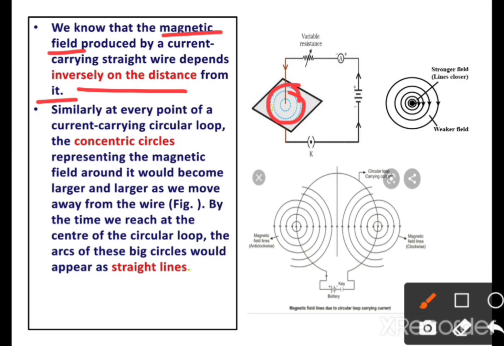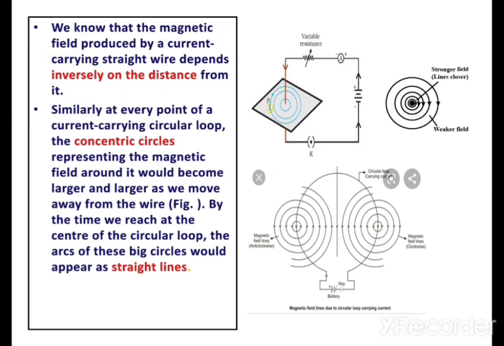See here, this is a magnetic field around a straight conductor. When the distance is increased, the strength of the magnetic field is decreased. See, the first two circles are close. When the circles are increased, when the distance is increased, the strength of the magnetic field also decreased.